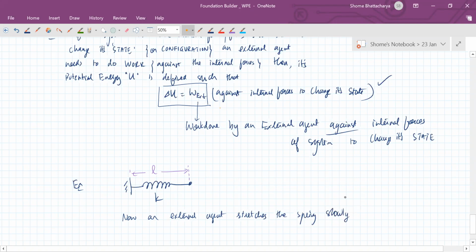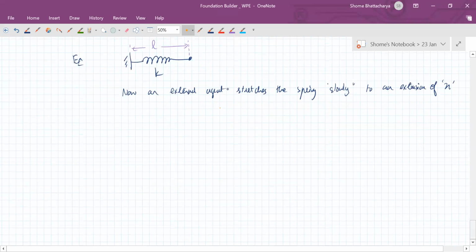Why are we saying slowly? Because we don't want any kinetic energy involved. We just want the state of the spring to change. So he stretches the spring slowly to an extension of, let's say, x.